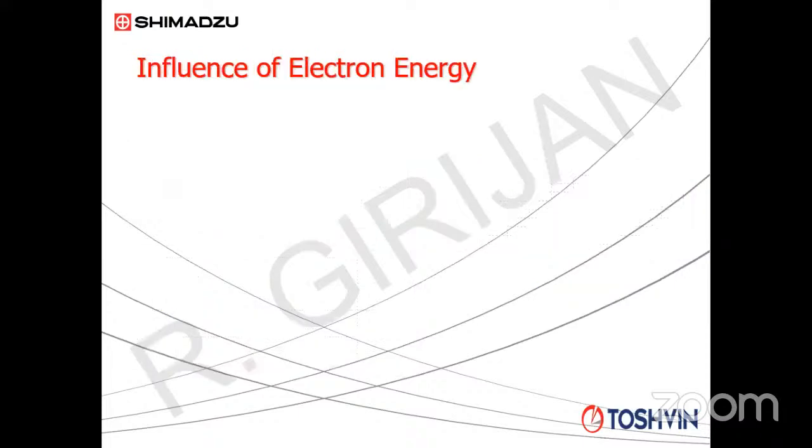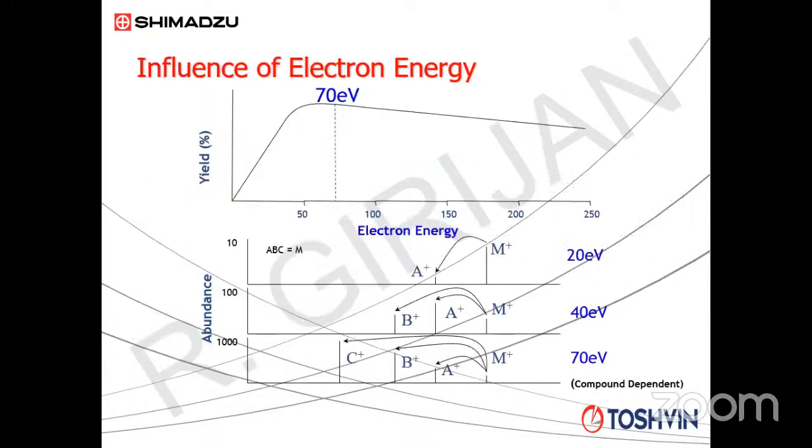Okay, I'll just show an example here. You can see at the bottom, there are three different ionization voltages. By default, 70 electron volt. The sample has undergone very severe fragmentation, and there is a very small ion I have shown as the M plus, the molecular ion. But I'm not very sure whether it is a molecular ion or a noise peak.